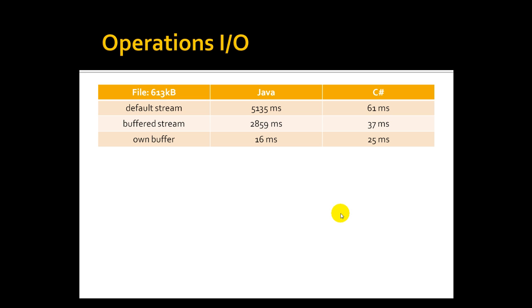Buffered stream took 2859 milliseconds in Java, but it took only 37 milliseconds in C#. Own buffer took 16 milliseconds in Java, but it took 25 milliseconds in C#. But when we compare both the languages, C# is far better than Java.